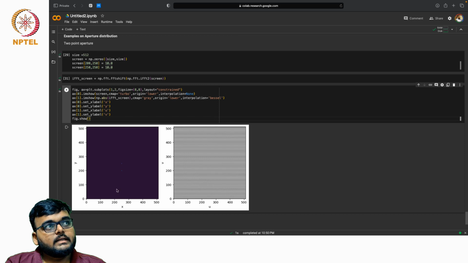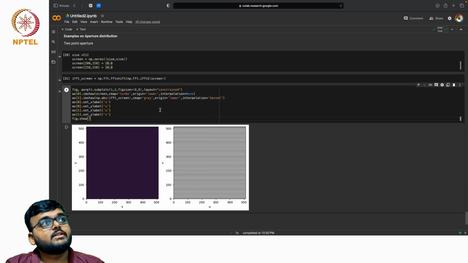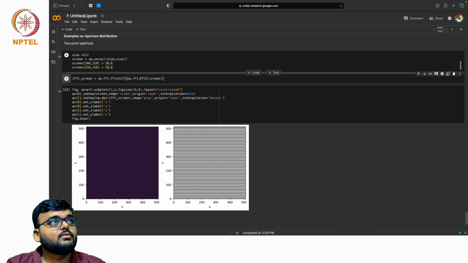Now we are getting the inverse Fourier transform screen as a fringe pattern. If you remember Young's double slit experiment, you have bright and dark fringes. Say if I remove this I, we have FFT2. So what will happen?